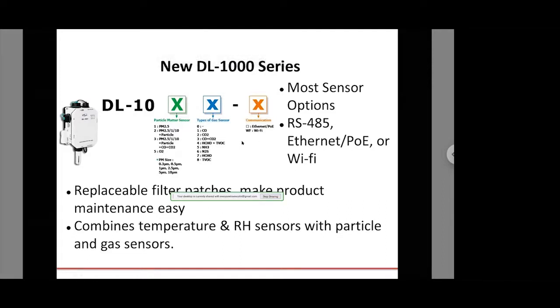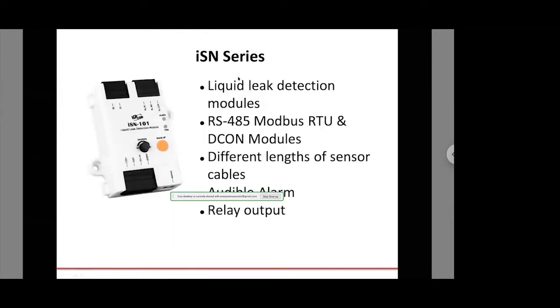All right, the last family that I want to talk about is the ISN series, and I've talked about these at length in a previous webinar, so I won't go into too much detail, but these are our liquid leak detection modules. They're a low-cost, intelligent liquid leak detection device that can be used to directly control a relay output. And some of the modules include an audible alarm, I believe.